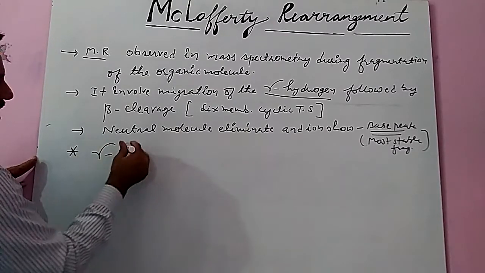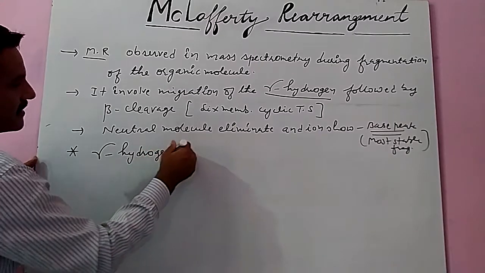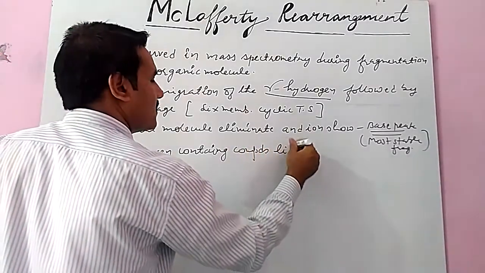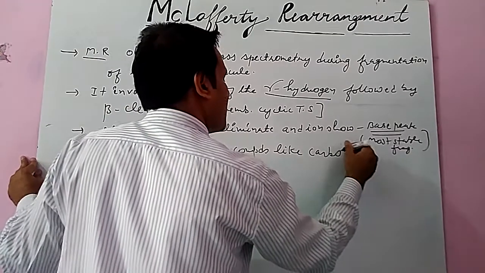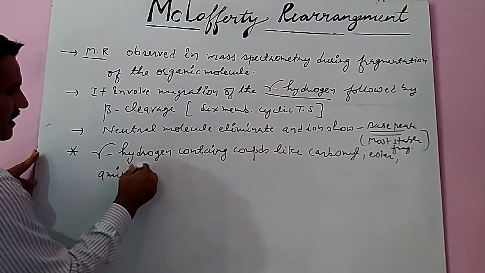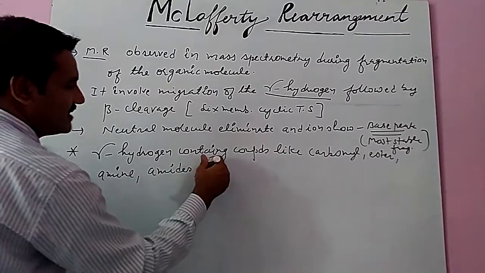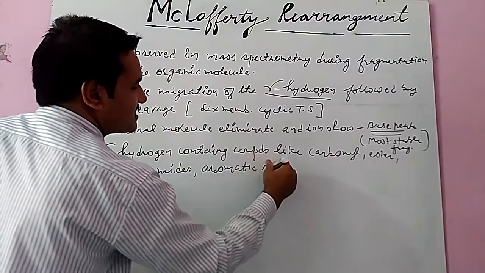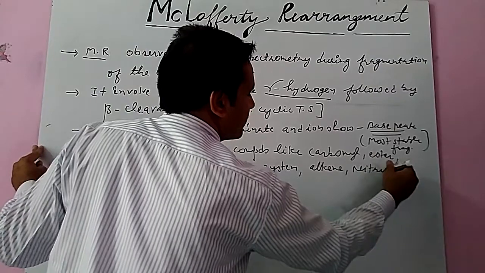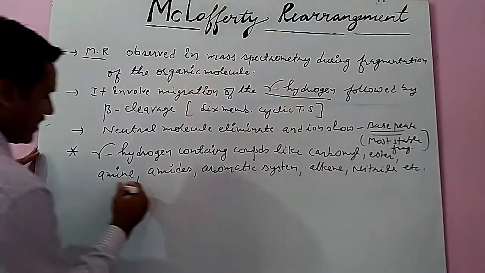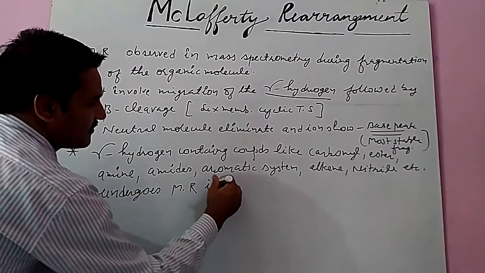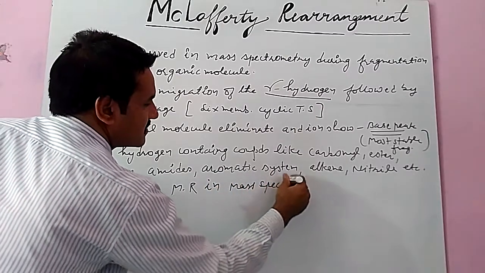Now, gamma hydrogen containing compounds like carbonyl, ester, amine, amides, aromatic system, alkene, nitrile, etc. undergo McLafferty rearrangement in mass spectrometry.